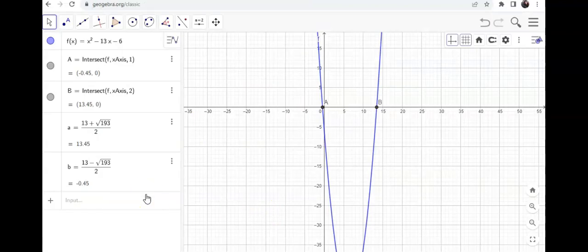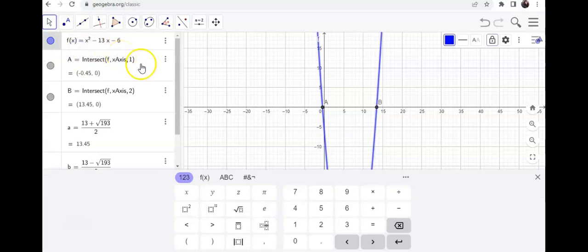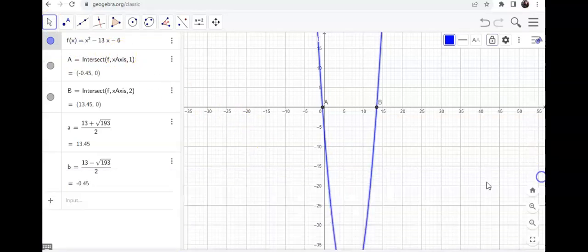Again, if we extract roots, if the professor requests us to find the roots or the solution of the quadratic equation, we are basically finding the points of intersection between the graph and the x-axis.